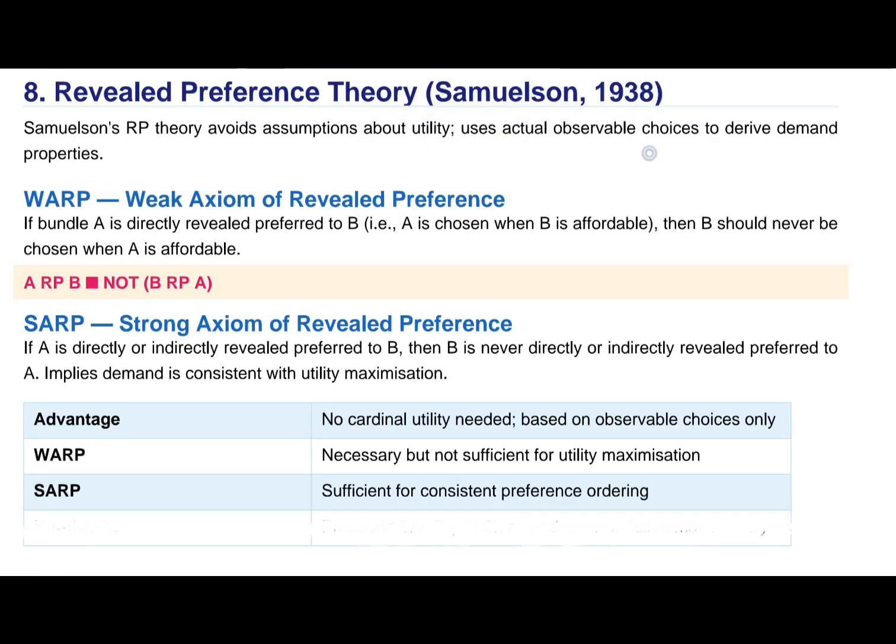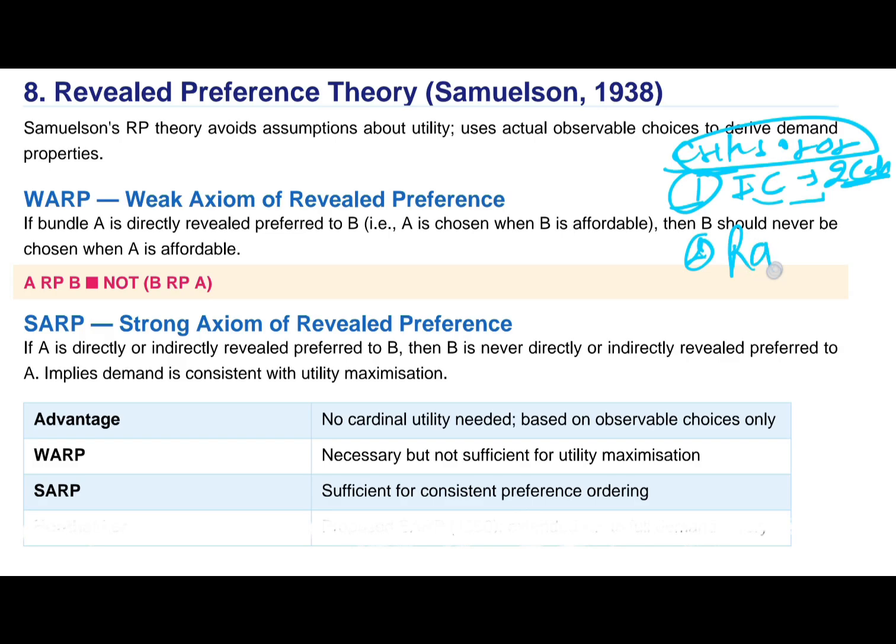Let's discuss the criticism of the ordinal approach. Why do we need another theory, or an improvement over the ordinal theory? The first drawback is that it is based on limited commodity choices, but in the real world there are so many choices. Secondly, it is based on the assumption of rationality. Sometimes as consumers we are not rational.